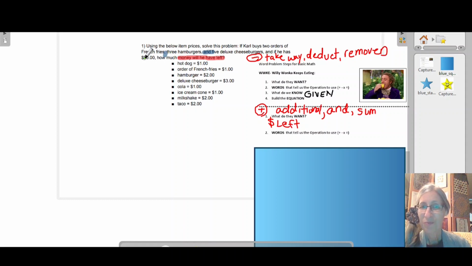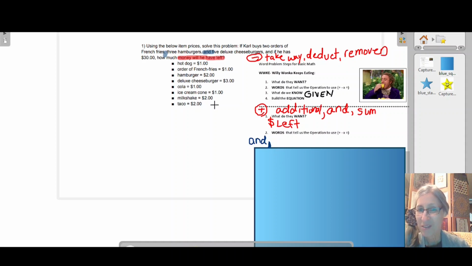A comma is, in this case, shorthand for the word and. 2 orders of French fries and 3 hamburgers. So I would say the words that tell us what operation to use are the word and the comma, both.